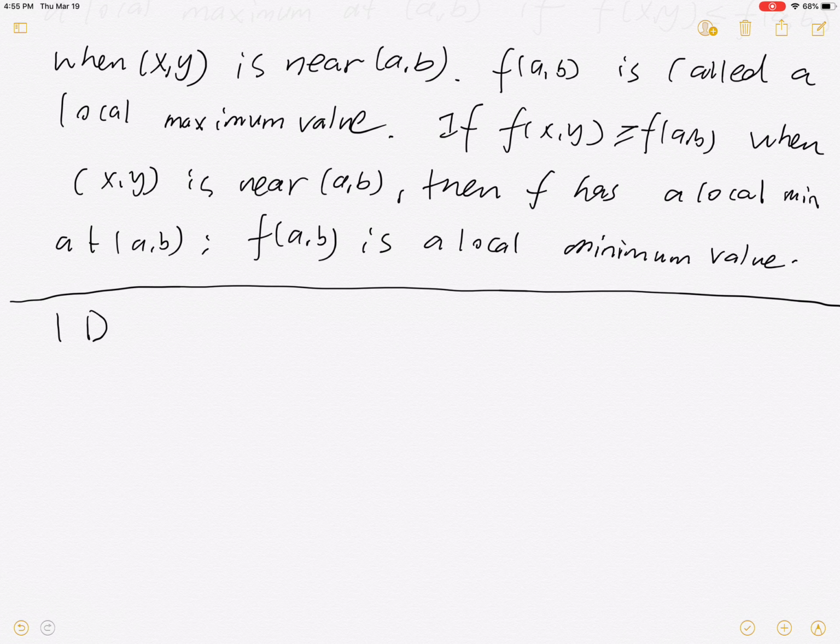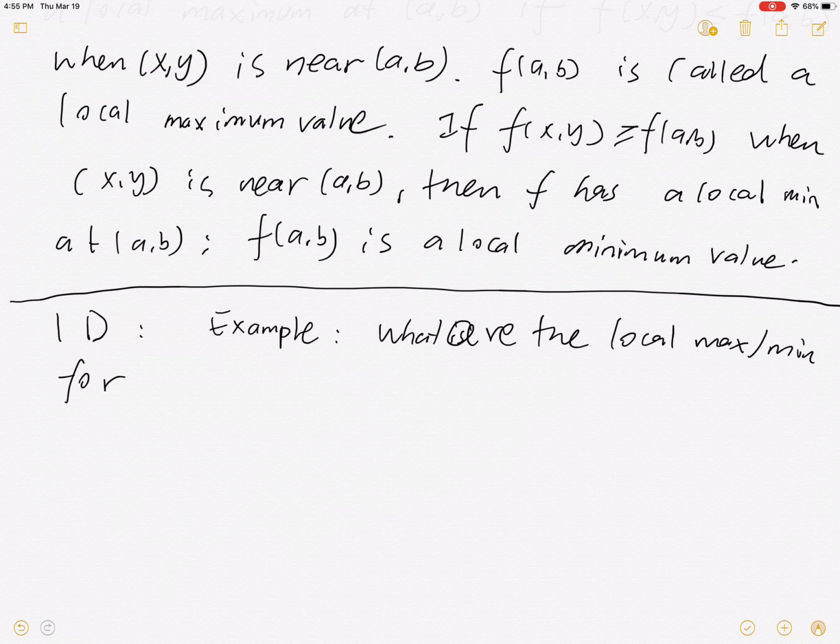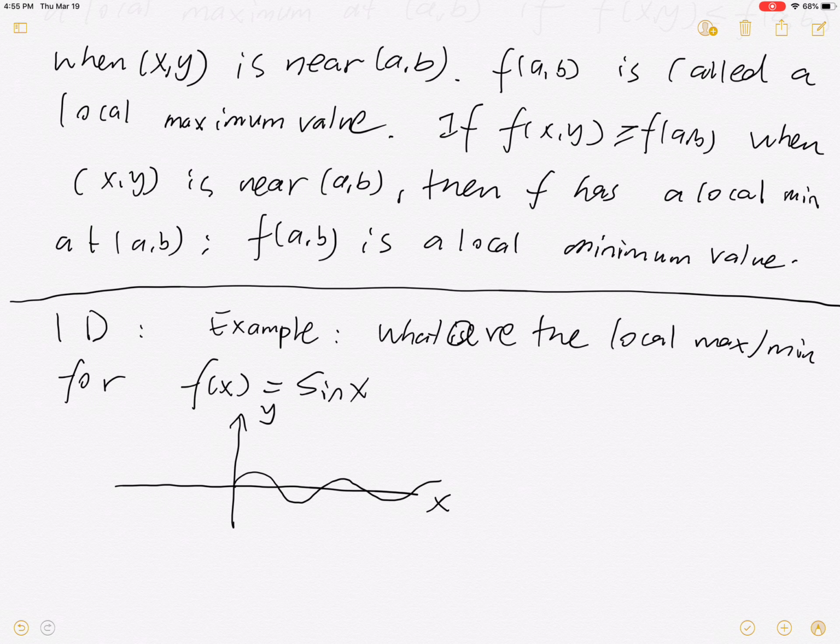For example, what are the local maximums and the local minimums for the function f(x) equals sine x? So you may draw the graph for sine x as follows. Also, you have something on this side.